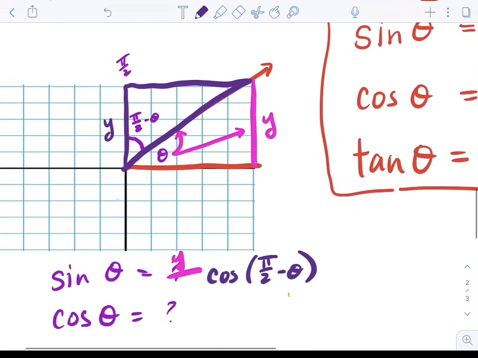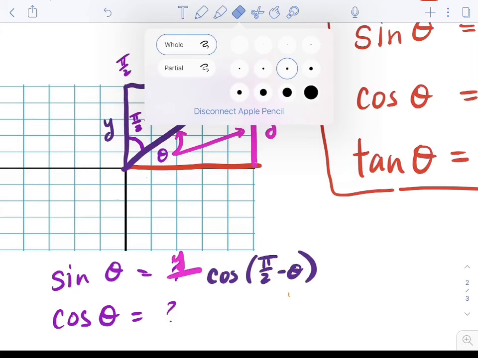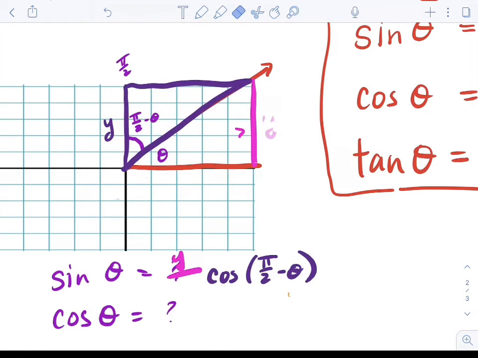Well, what about cosine? Well, let me erase what we've got here. Well, cosine of theta is what? Well, I'll use red here again. Cosine is the adjacent side. Well, that's the x value because that's how far we go to the left or to the right over our hypotenuse, right? Our value here. So that's really like x over r, which we already knew.